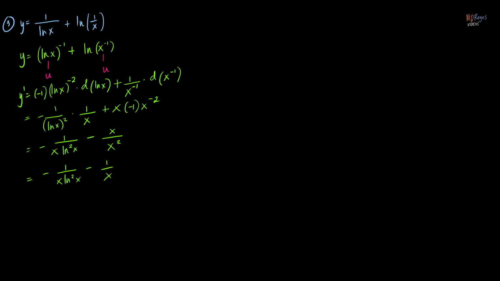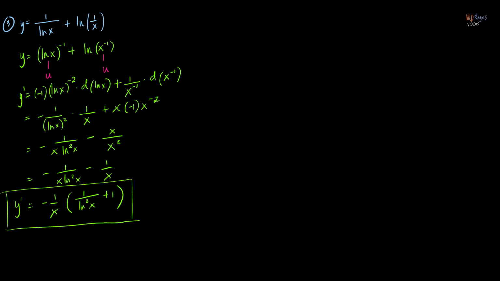We can opt to factor out the common expression between the two terms. We have a common expression, negative 1 over x. If we do that, we'll be left with 1 over ln of x squared in the first term and then plus 1 in the second term. Okay, this is the derivative of the function. I hope you have seen the difference between differentiating 1 over ln of x and ln of 1 over x.